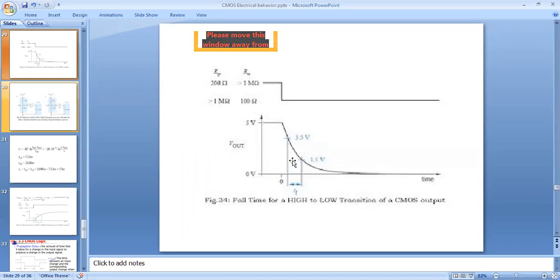To calculate TF, we consider 3.5 volts and 1.5 volts. Why these two points?